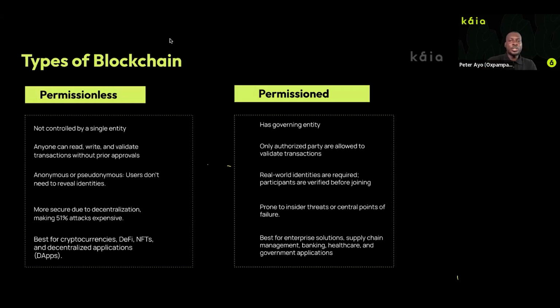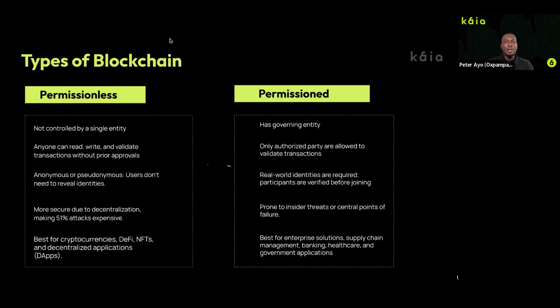But for permissioned blockchain, right, this is the opposite of permissionless blockchain. Of course, it has governing entities. Only authorized parties are allowed to validate transactions. So basically, all of the good stuff that I said about permissionless blockchain is the opposite of permissioned blockchain, right?